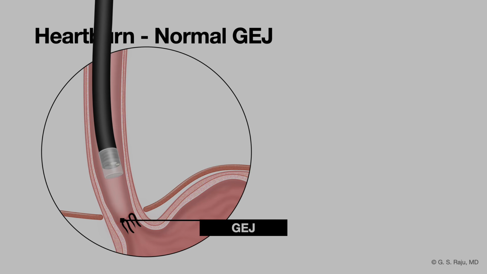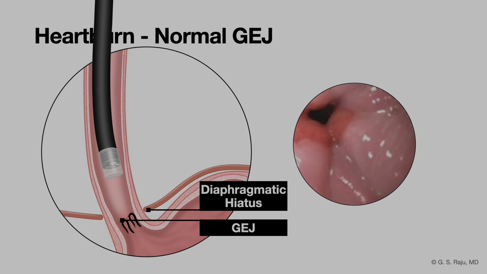We also try to identify the diaphragmatic pinch. So as you go down the esophagus, you notice whether there is a circular contraction of the lower end of the esophagus with each respiration because of the diaphragm pinching on the esophagus. So here we see a normal gastroesophageal junction.